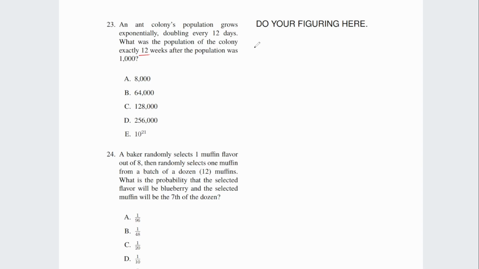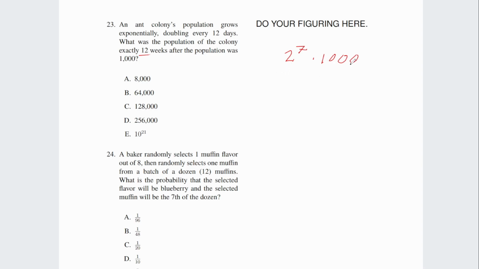Because a week is 7 days, and if it doubles every 12 days, we have 12 days times 7, but divided by 12 days gives us 7 times that it has doubled. So we can express that as 2 to the 7th power times the initial population of 1,000.